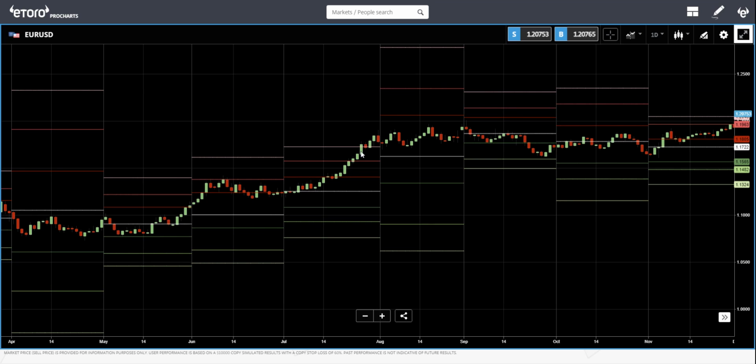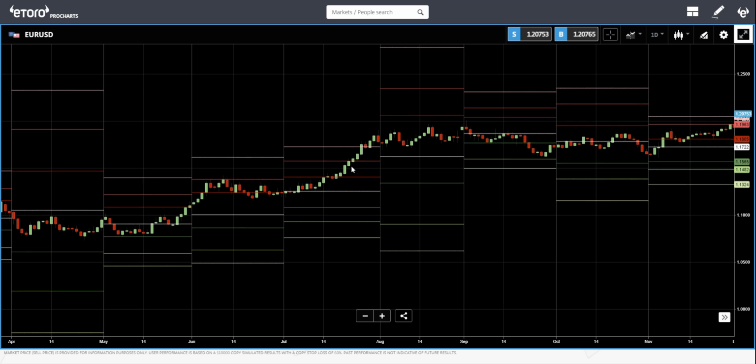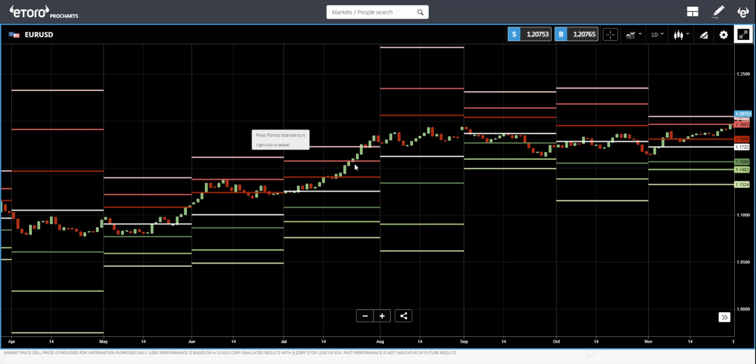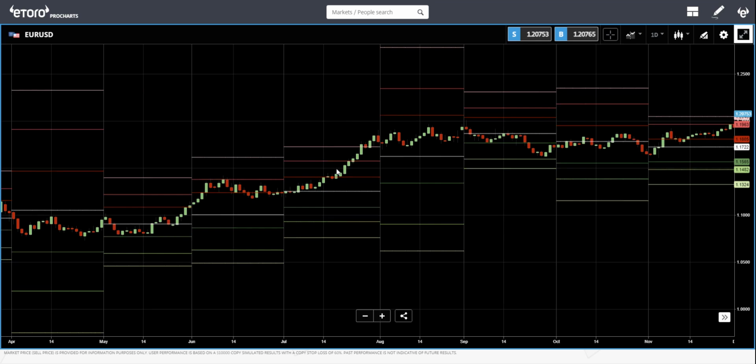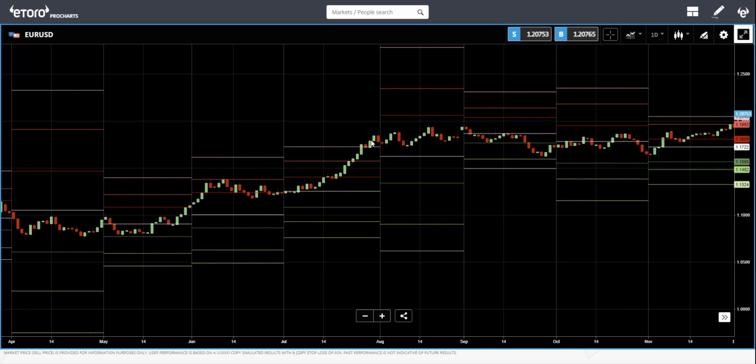If it goes through, that means that our trend will continue, and it goes to the next resistance level. So you can use the resistance levels as a trailing stop loss as well. As I said, just move the stop loss below the resistance level each time it passes through, and just follow the trend and ride the trend actually.